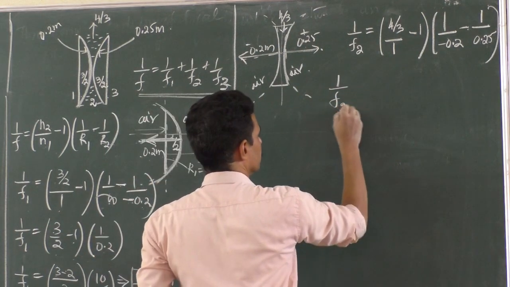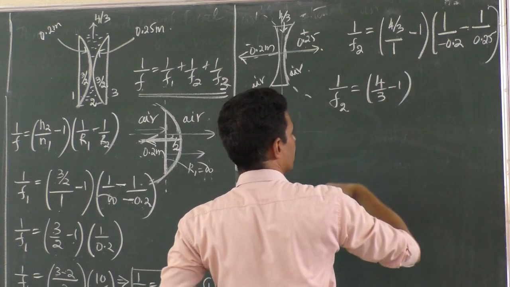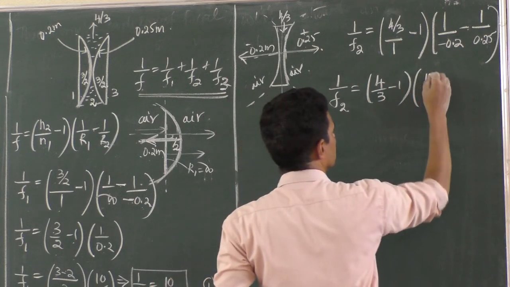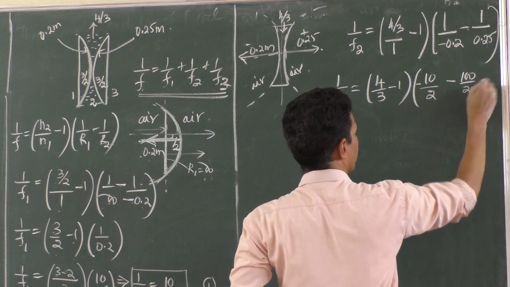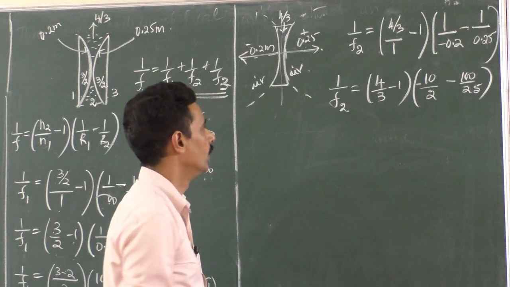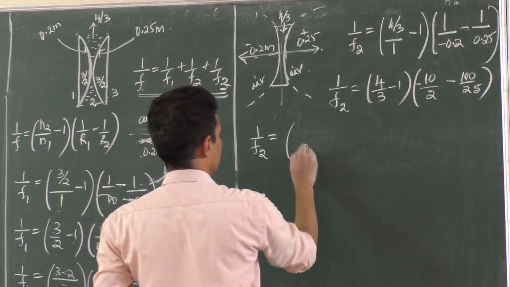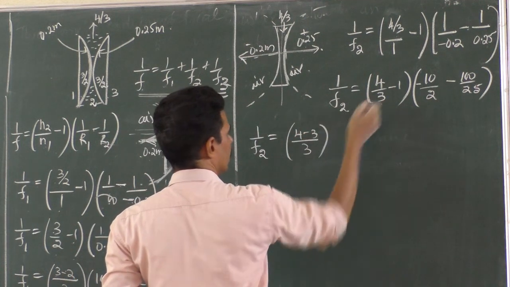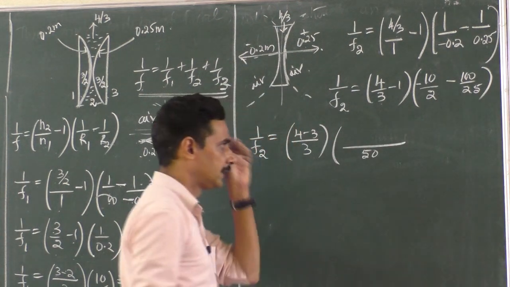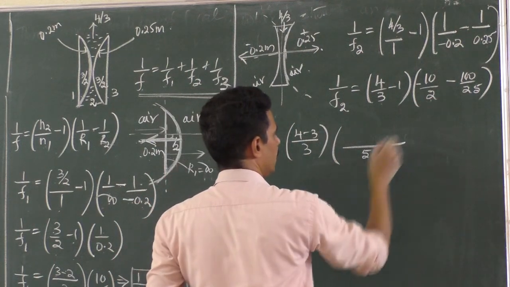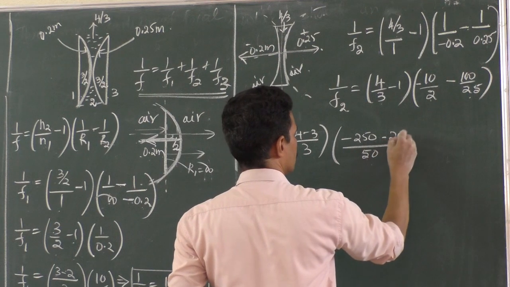1 by f2 is equal to (4 by 3 refractive index of the lens minus 1) into (10 by 2 minus 100 by 25). Okay, so what is 1 by f2? 1 by f2 is equal to 1 by 3 (4 minus 3), and I will take 50 as common, then 225s are minus 250, and 25 2s are minus 200.